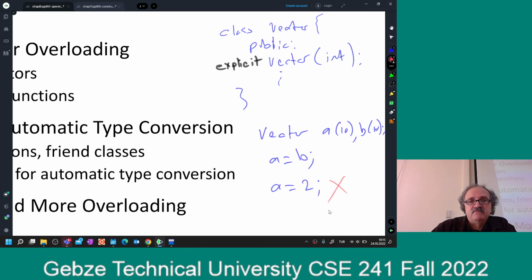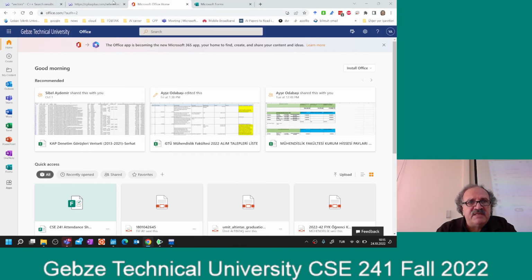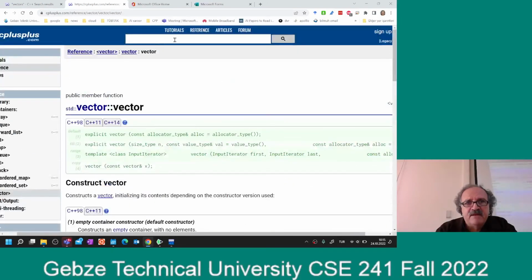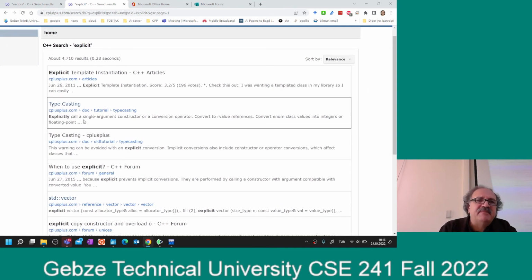I don't know if your book has any discussion about this in this chapter. Maybe it has. Read about it somewhere on the net. By the way, C++11 changed the explicit keyword. In C++98, it used to be only for single parameter constructors.